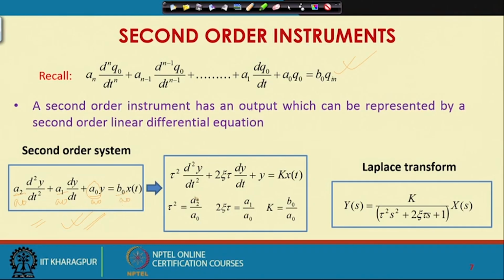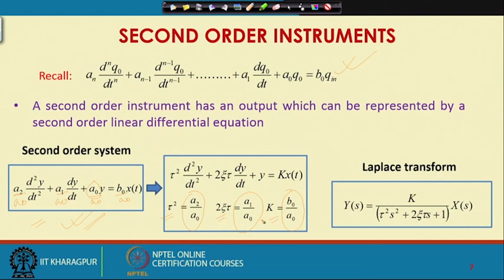I call A2 by A0 as tau square, A1 by A0 as 2 zeta tau and B0 by A0 is k, the static sensitivity. So, there are three parameters in this second order instrument: tau, zeta and k.